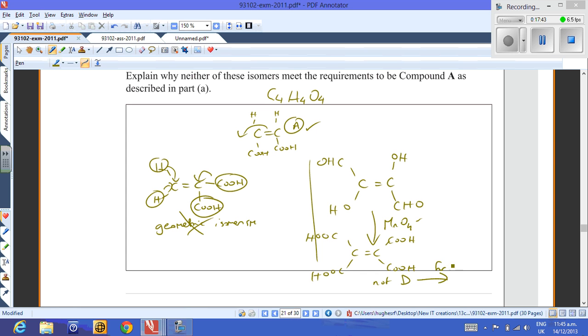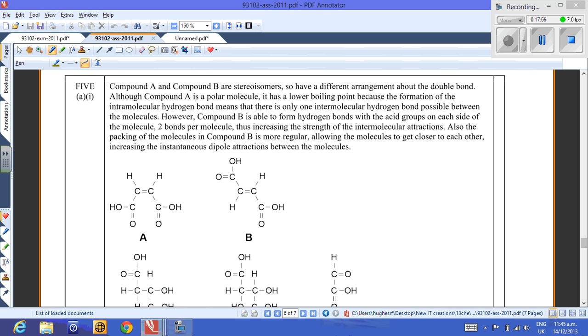There's no further oxidation possible. And so you couldn't form your 2 aldehydes from that. Not possible. So let's take a look just at the answer for that from the NCEA guys.